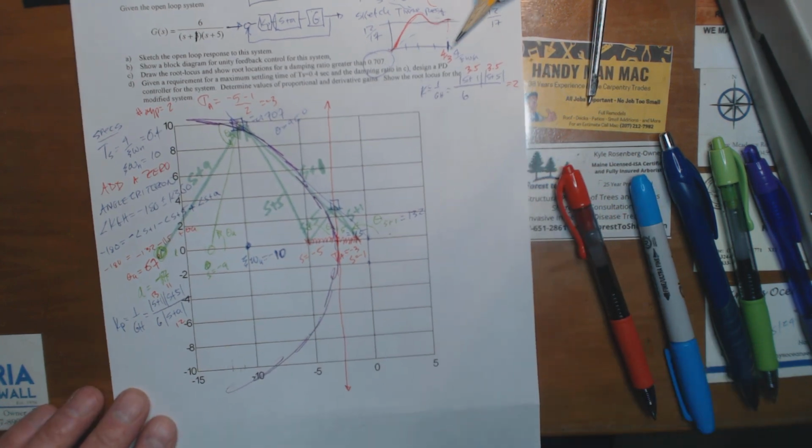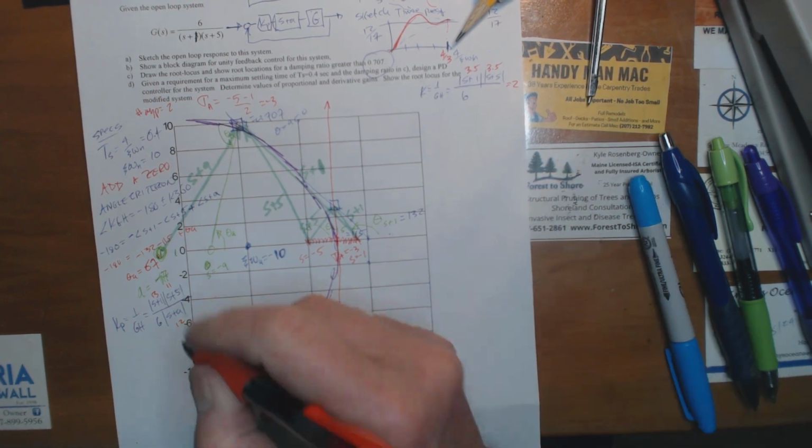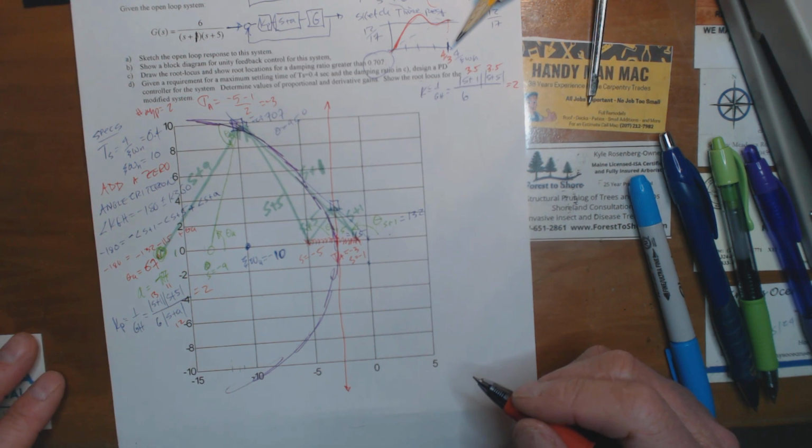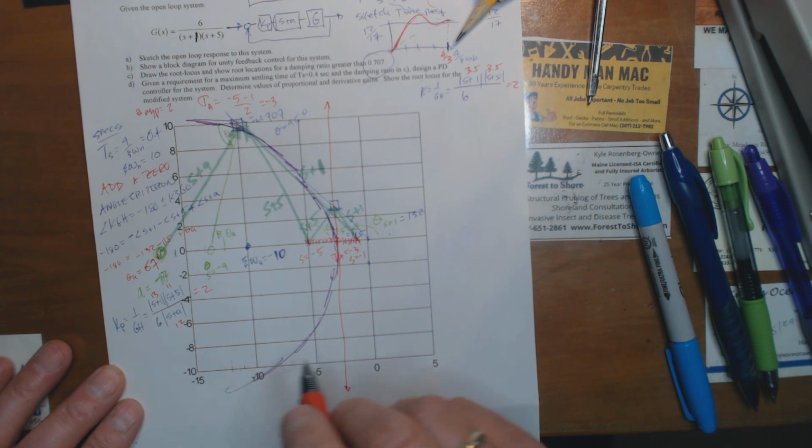That tells me what my gain Kp needs to be: 13 times 11 divided by 6 divided by 12, which is 2. I'm worried that I've made a mistake here, but oh well.